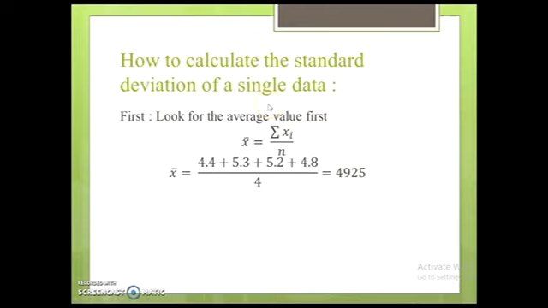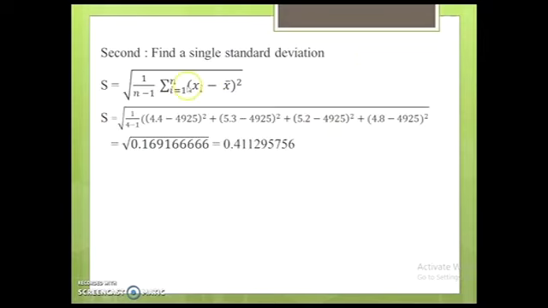How to calculate the standard deviation of single data: first, look for the mean value, x bar equals sigma x divided by n. Second, find the standard deviation: s equals the square root of 1 divided by n minus 1 sigma xi minus x bar, squared.